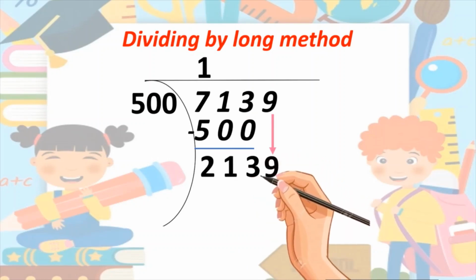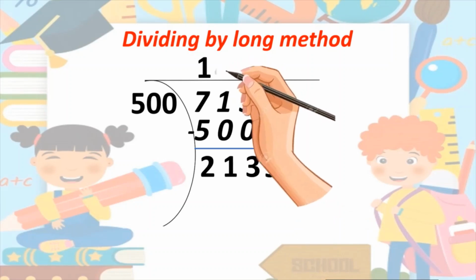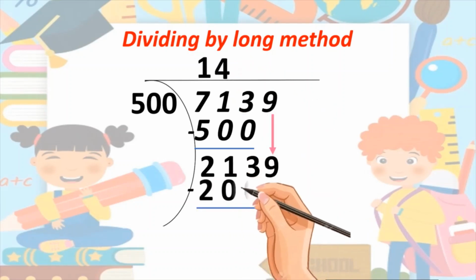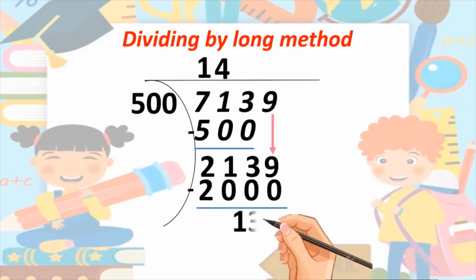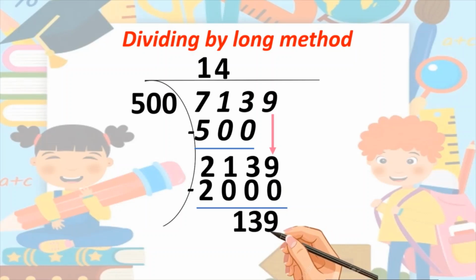And we are left with the number 2139. So 5 fours is 20, which is less than 21. So let us try multiplying 500 by 4. So 500 fours is 2000. And we are left with the remainder 139. So the quotient is 14 and remainder is 139.